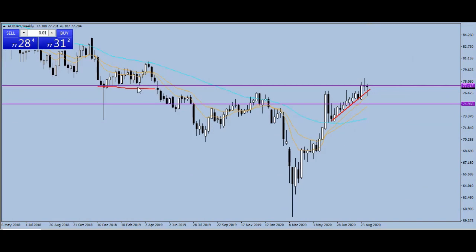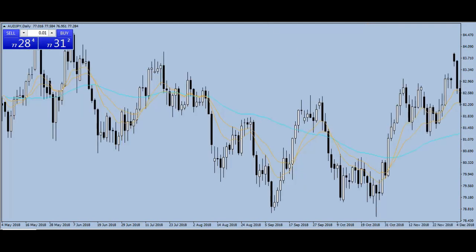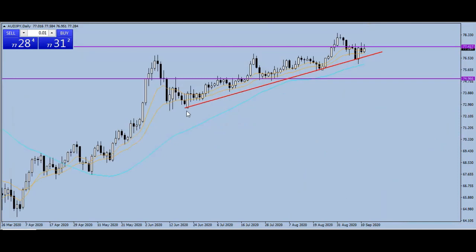held as support level. So what do we expect now looking at what we have? We have to go into a smaller time frame to see what we have. And on daily time frame, you can see this trend line, this ascending trend line.